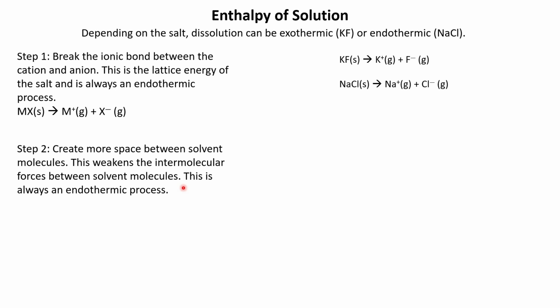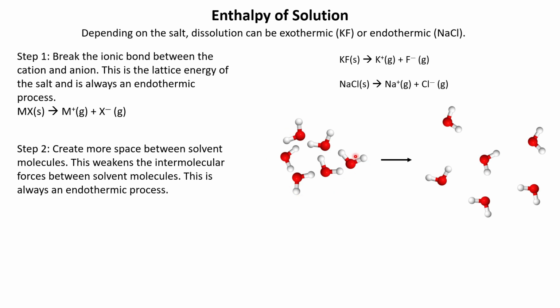This is going to be an endothermic process again. This is going to require energy. So very often our solvent is water, so let's see what happens when we have to pull water apart. So water molecules, of course, like to pack pretty tightly. This is a polar solvent, and what we want to do is we want to space them apart like this. So we want to make space for these ions in between the water molecules.